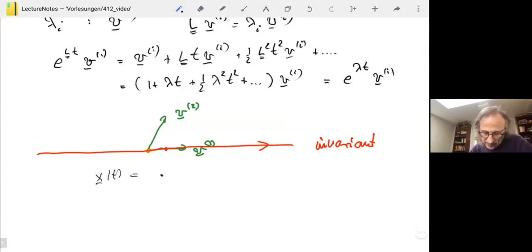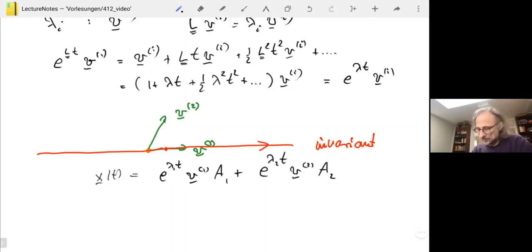I can write it as e to the lambda 1 t V1, and there's maybe some initial amplitude A1, plus maybe initially there's also a component in the eigendirection V2 with an amplitude A2, and that evolves then with e to the lambda 2 t, and so on. So our general solution would look like that. So that's sort of the key element.